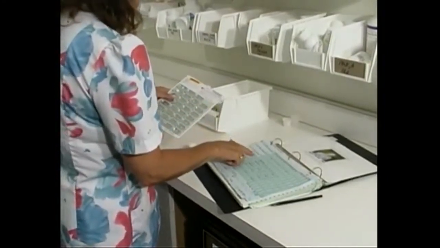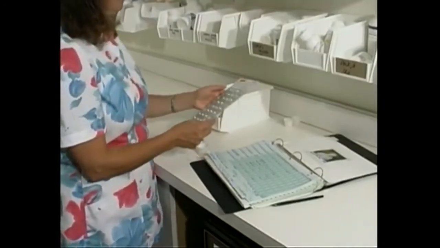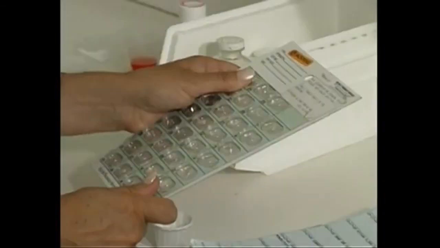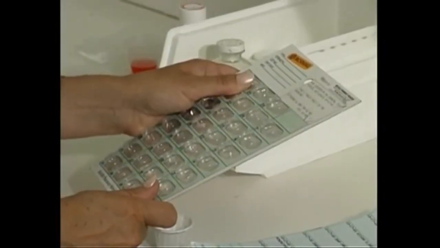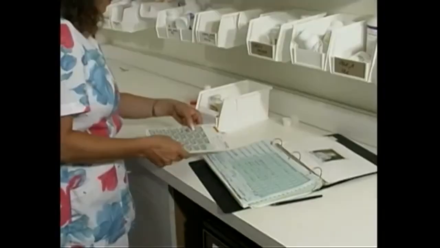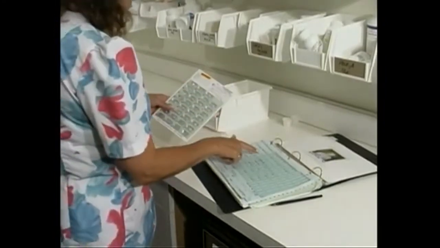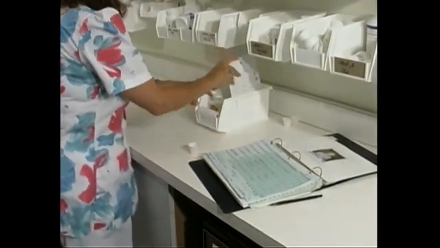You check to verify that they have not recently had a dose of the medication and enough time has passed for them to receive a new dose of the medication. When you open the client's bottle of medication or look in their bubble pack, you see that there are 25 tablets of that medication remaining. You remove a tablet, place it directly into a pill cup, and prepare to bring it to the client.